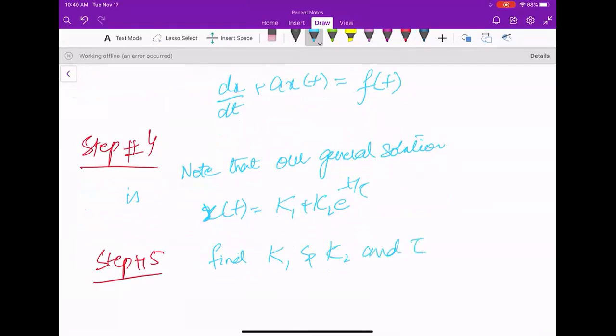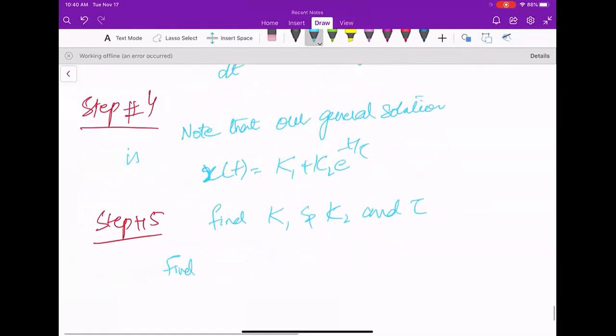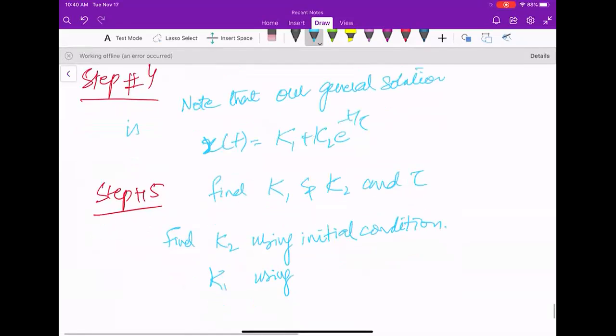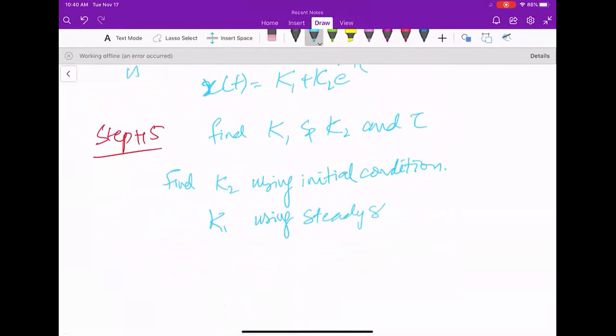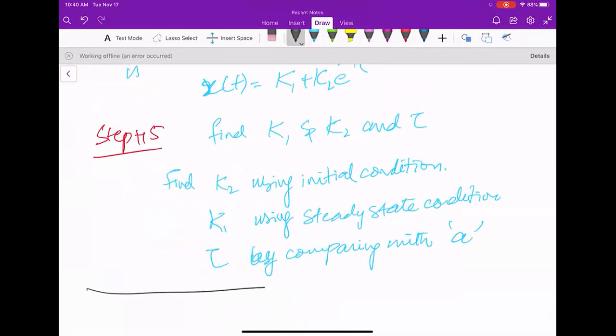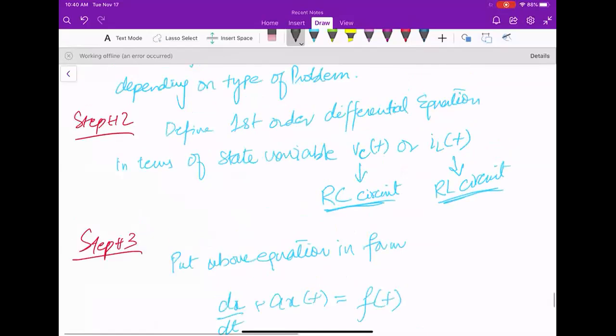So find k2 using the initial condition, k1 using the steady state condition, and tau by comparing with a. Sounds good? Yes. Okay, so these are pretty much our steps for this technique.